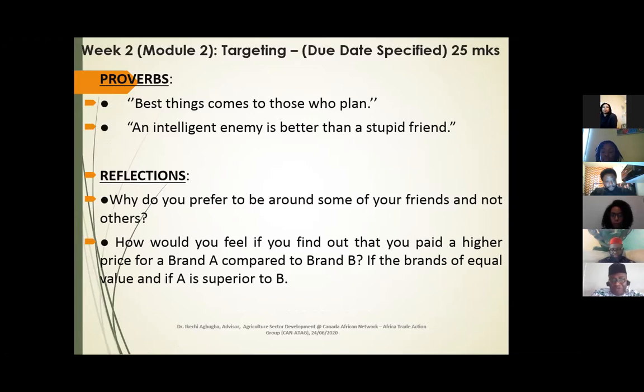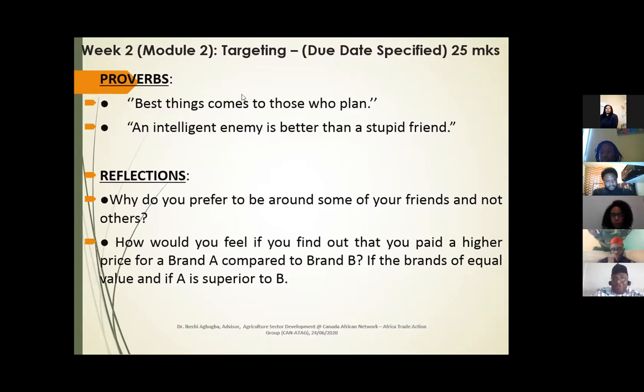Why do you prefer to be around some of your friends and not others? These are reflective statements that also will give them a very good take home of the meaning of business marketing. Production is not complete except it gets to the final consumer. And before it gets to the final consumer, what happens is just about marketing.